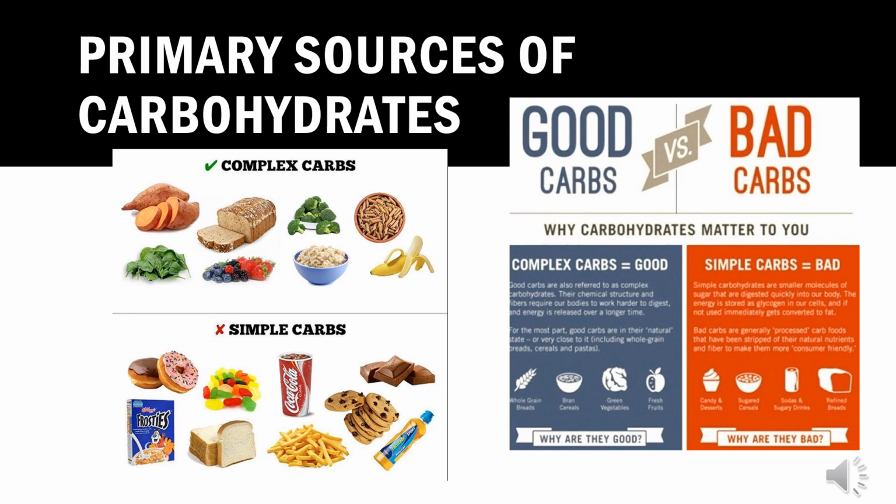You have complex carbs that take longer to be broken down, and then simple carbs, which can be burned very quickly as sugar. If you look at the difference, you can tell why. Especially your simple carbs have a lot of sugar content, right? Donuts, a Coke, cookies, all of those things have sugar in them that are readily available and the body can burn them.